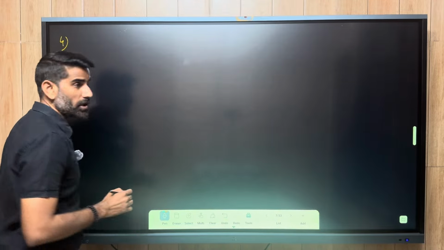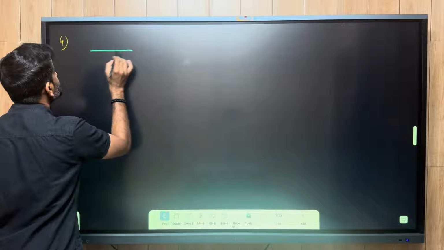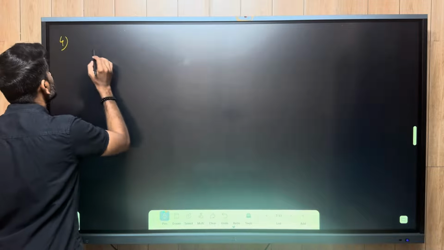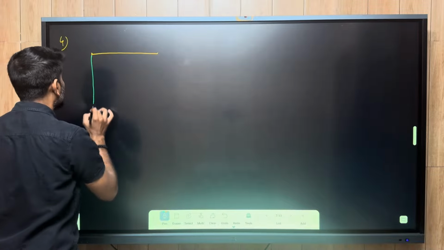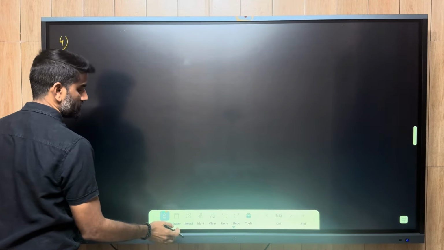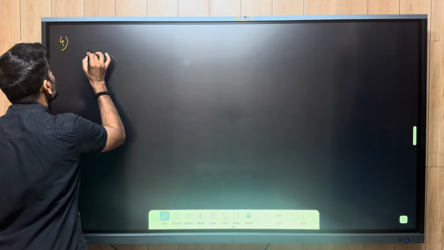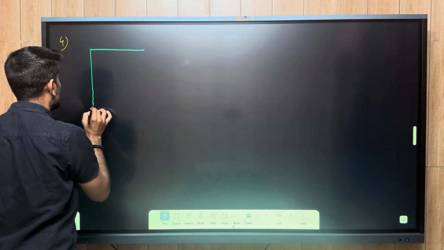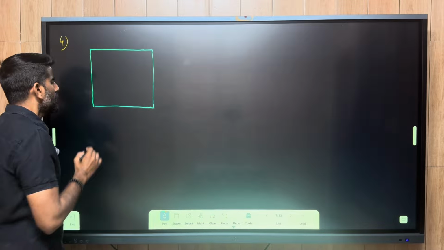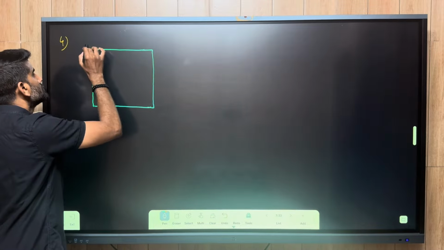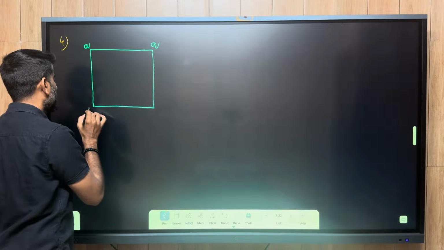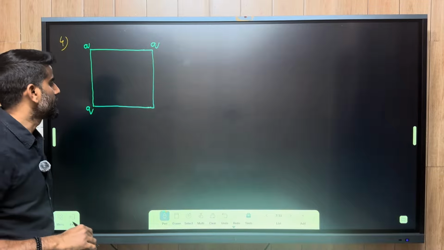I am going to take the square again, where I have placed Q and Q. All the charges are the same, let us say.